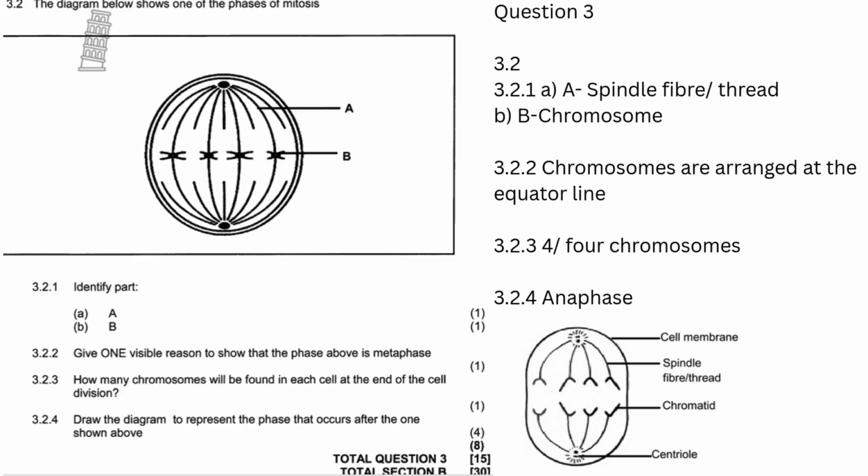In your drawing, you must show the fishing lines, spindle fibers, getting shorter. The X-shaped chromosomes splitting in half, so 2 lines will become 1 line. The halves, chromatids, being pulled away from each other towards the opposite ends of the cell.